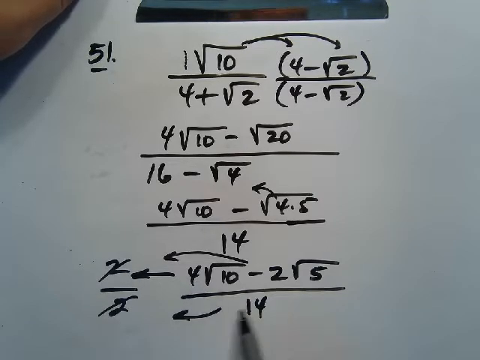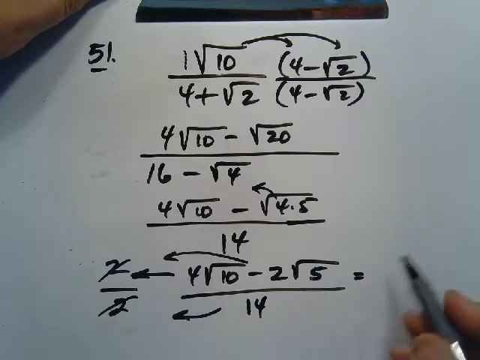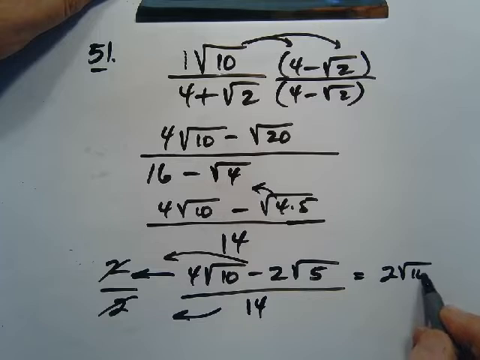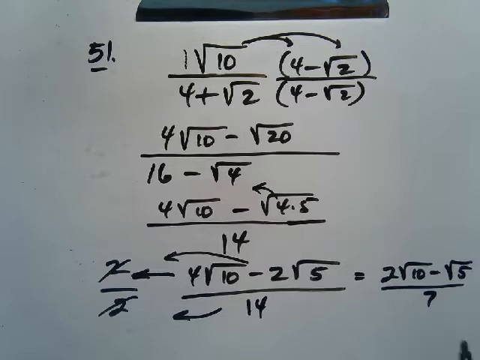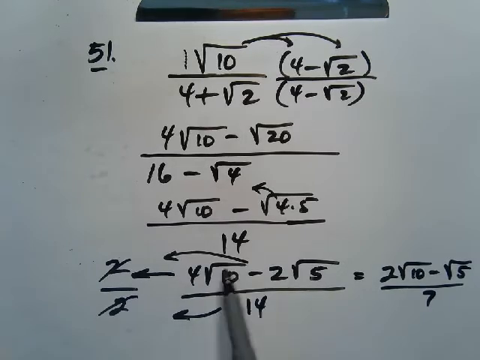So I'm just going to reduce all of these by 2. 2 goes in there, 2 root 10. 2 goes in there, 1 root 5 all over 7. So there's your answer. If I could take something out of both terms on the top and all the terms on the bottom, I should be able to reduce it.